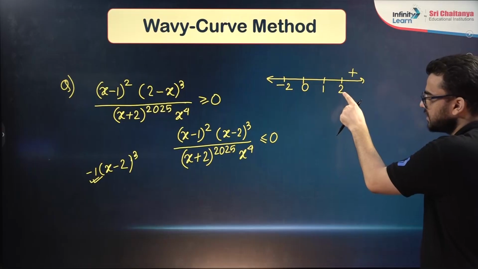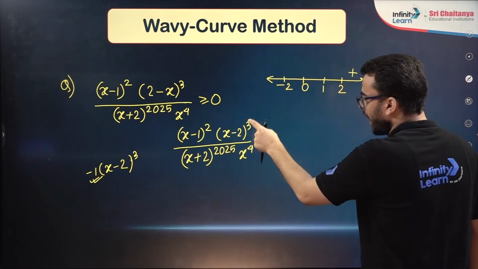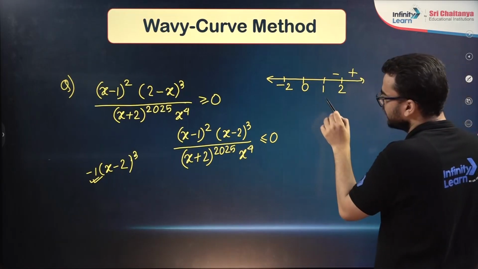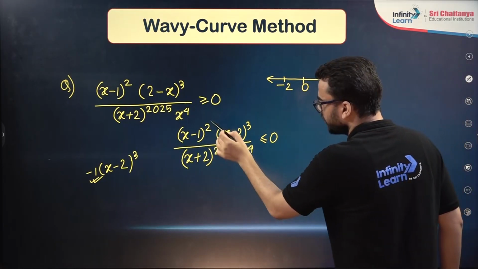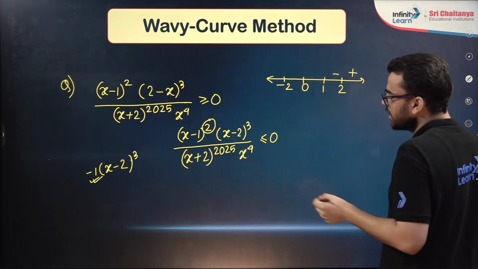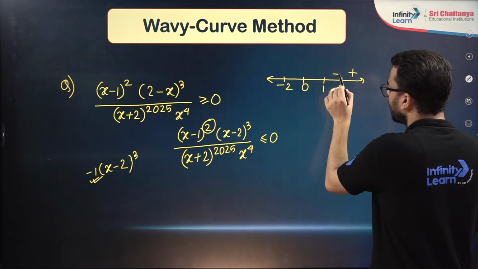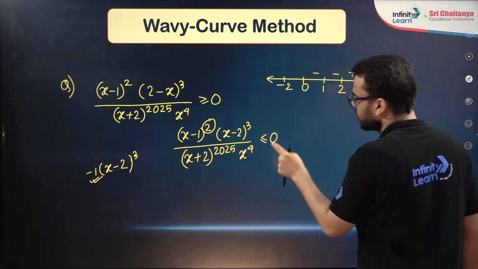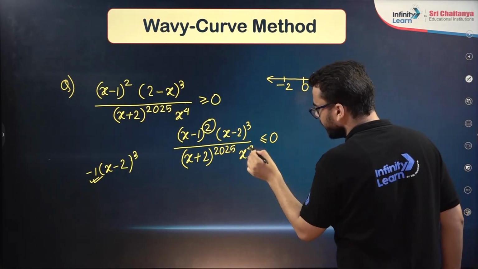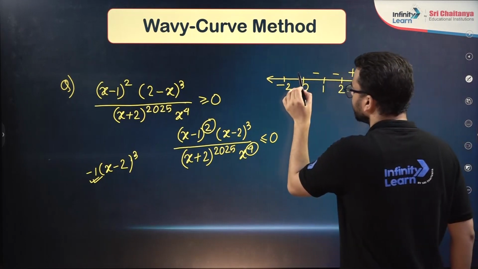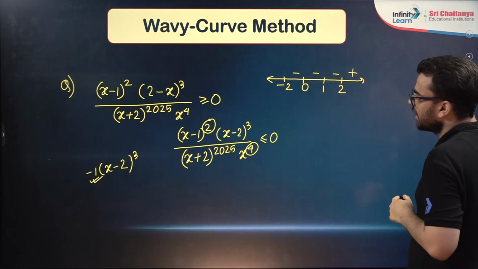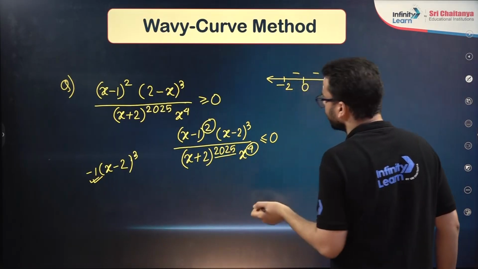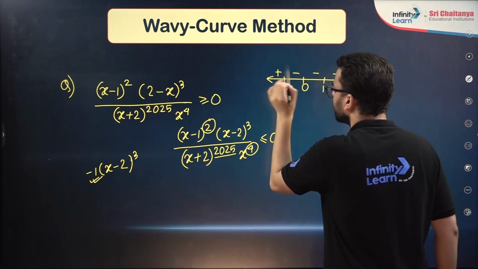Now, this is the zero of this polynomial having odd exponent, the sign will change. Then this is the zero of this polynomial having even exponent, the sign will not change, from minus to minus only. Then this is the zero of this polynomial having even exponent. So the sign will not change, from minus to minus only. Then this is the zero of this polynomial having odd exponent. The sign will change, minus to plus.